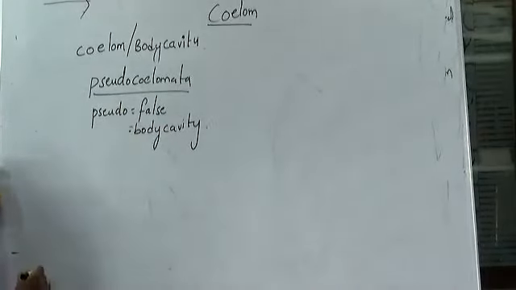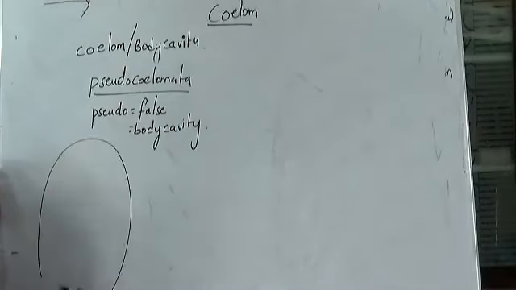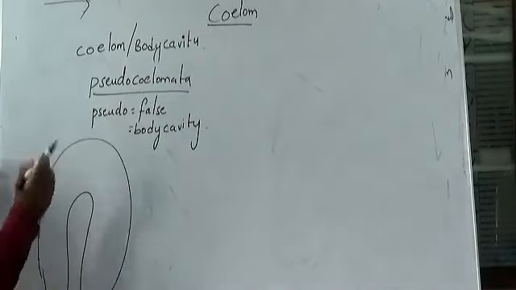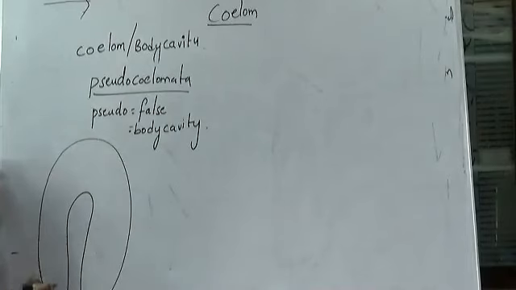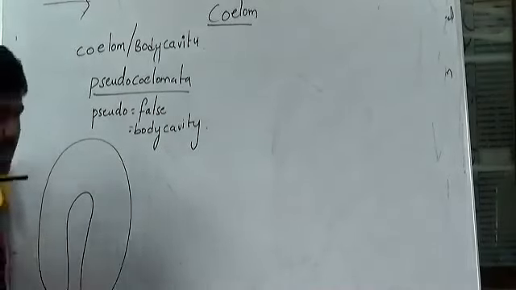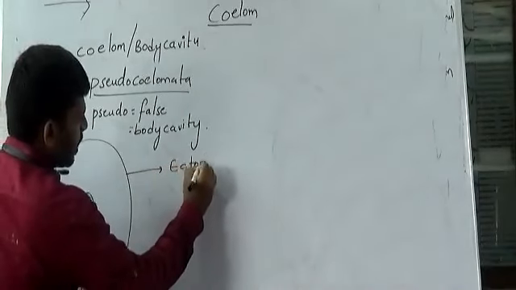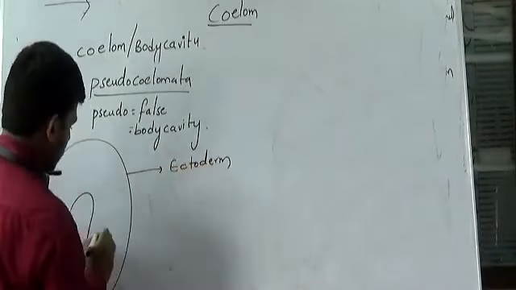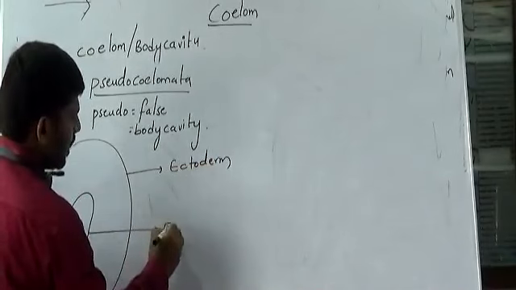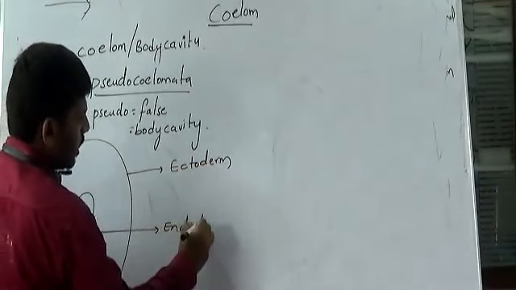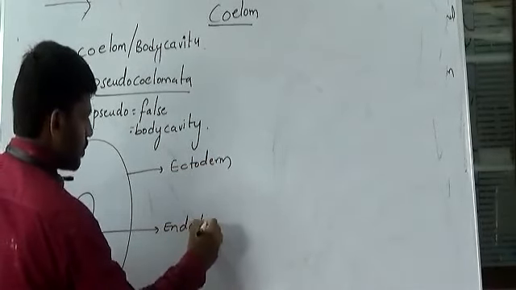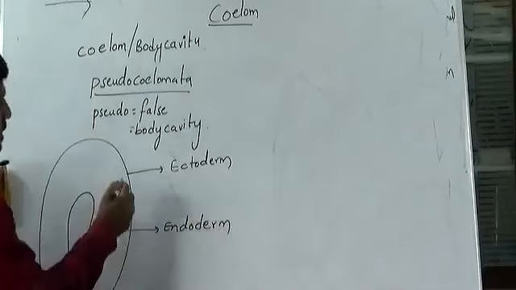See here, this is the gastrula stage, right? With the help of this only, we can learn the concept of coelom very easily. What is this? This is the ectoderm. And what is this? This is the endoderm. And what is this?